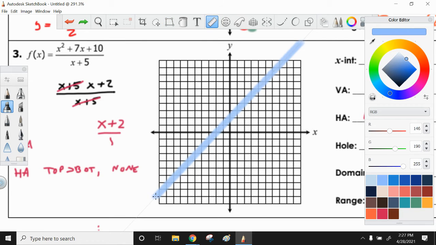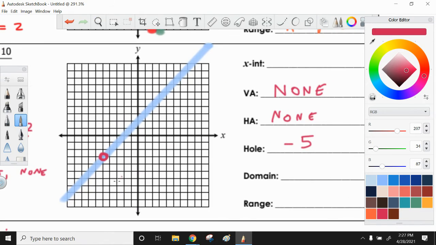Our graph looks like that, but we do have a hole at -5. So right here is a hole. Holes aren't that important to draw when we have our curvy graphs, but on these straight line graphs, you probably do want to put a nice little picture here for the hole.